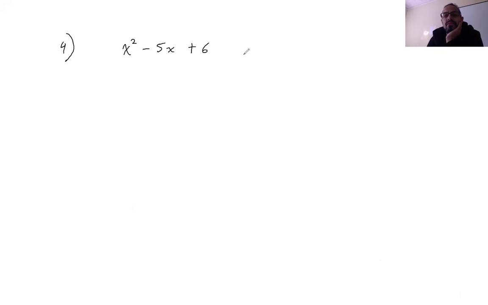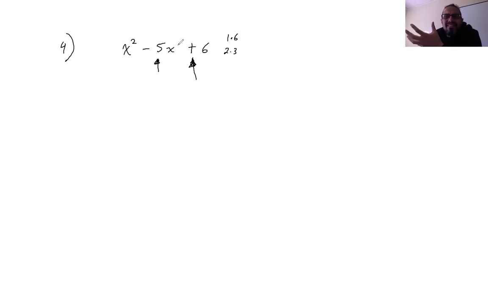This case often confuses students because they're not as confident with integers as they should be. So same thing, we're going to write out the factors of 6. I got 1 times 6 and 2 times 3. Do you know what these factors need to do? They need to add to make -5.